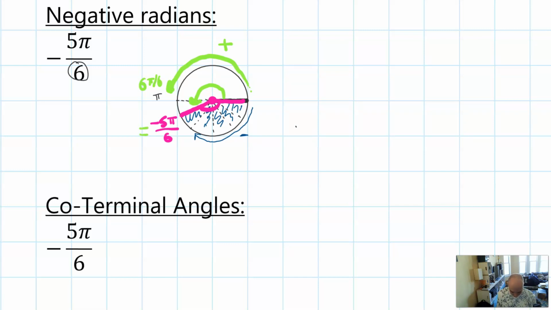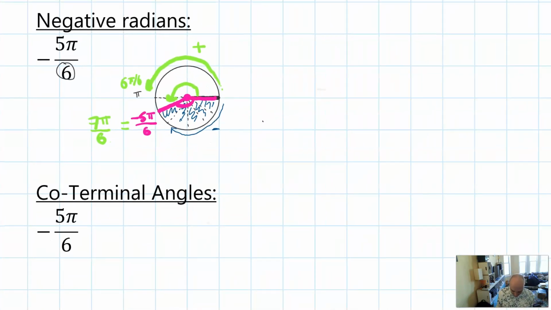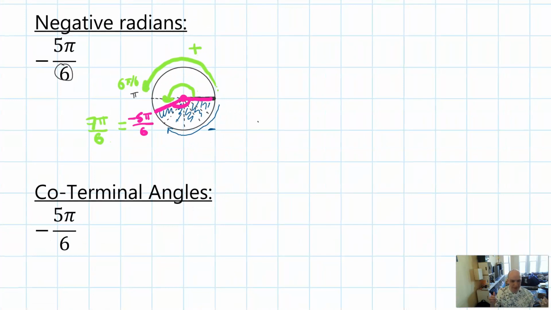So this is equivalent, just from the picture, to 7 pi over 6. And those two angles that have the same terminal side but different numerical values are called coterminal angles. Coterminal angles are angles that share a terminal side.